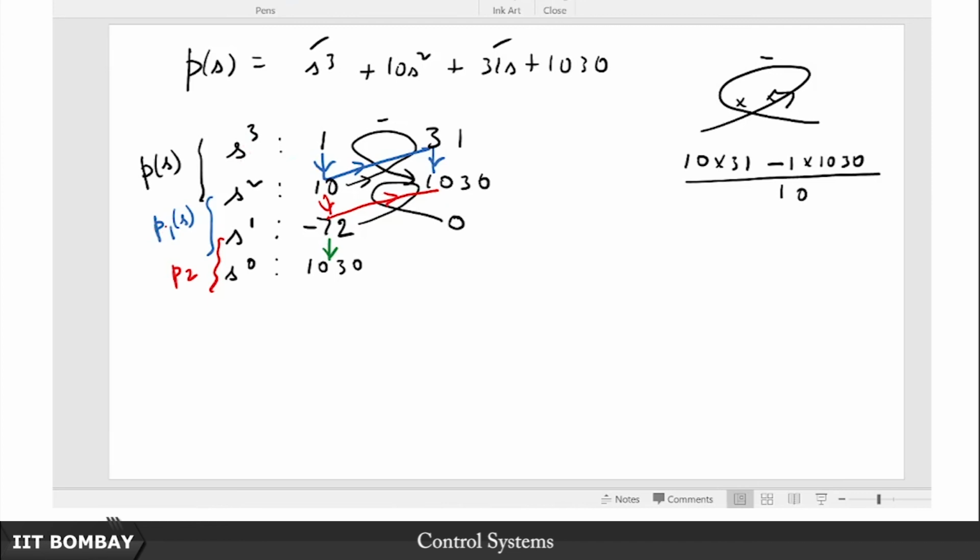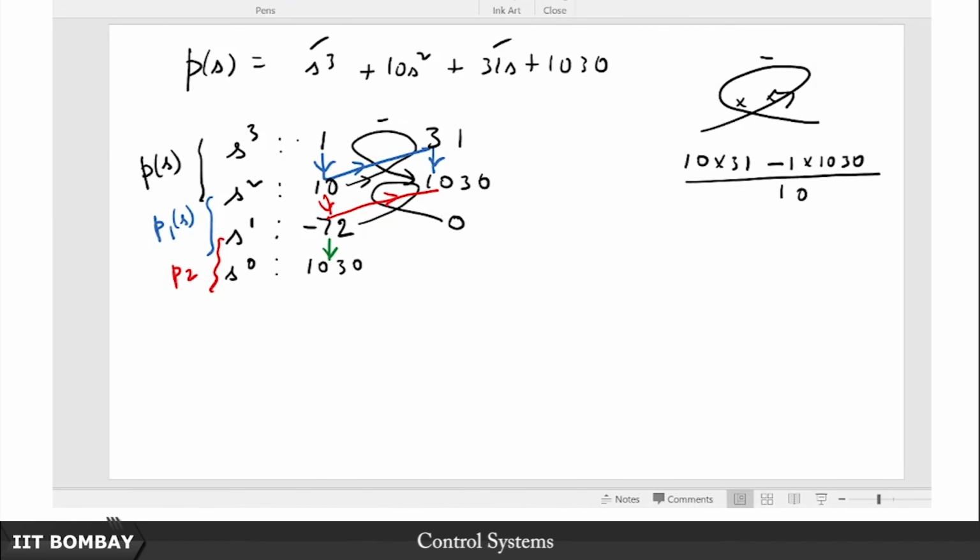Okay, and then acting on P1 to get rid of the quadratic s squared term, that is the highest degree term here, what you then got was minus 72s plus 1030. Okay, sounds legit. So far so good. So two observations I would like to make from this table that might help you.